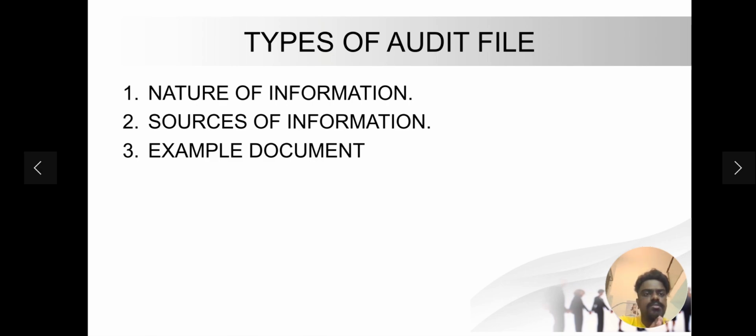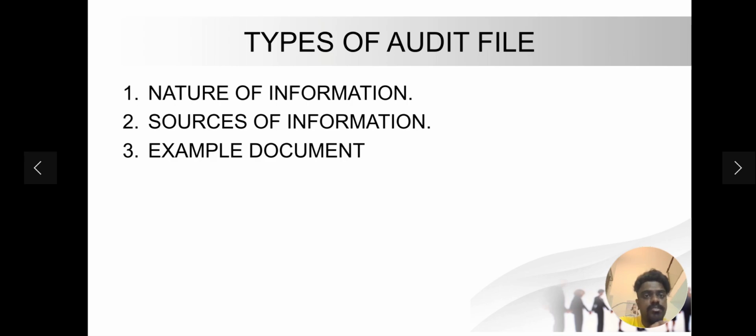In the types of audit file, the nature of information has been separated into two. The first one is permanent file and the second one is current file. So in the nature of information, the permanent file will record historical data, and the current file will record current information.